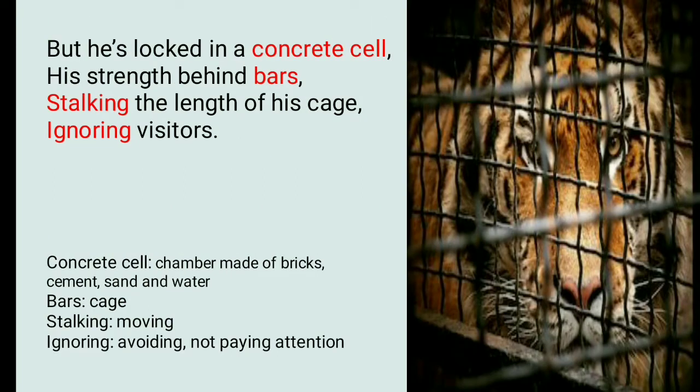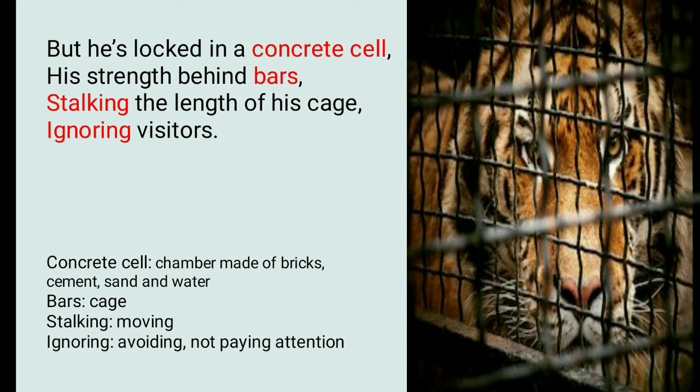But he is locked in a concrete cell, his strength behind bars, stalking the length of his cage, ignoring visitors. But again, the poet tells us that the tiger is not there in the forest. He is locked in a concrete cell, a cell made of cement. So here his strength is barred, controlled behind the concrete cell of that zoo.